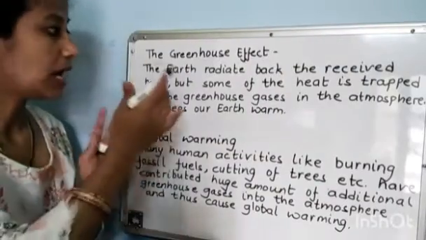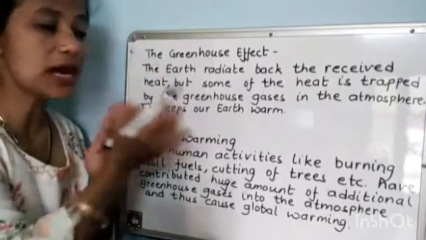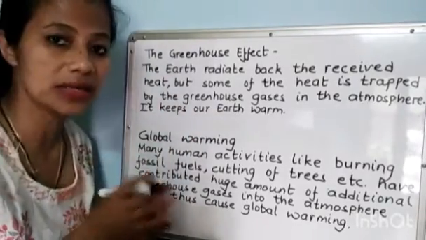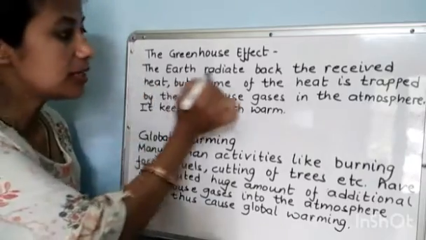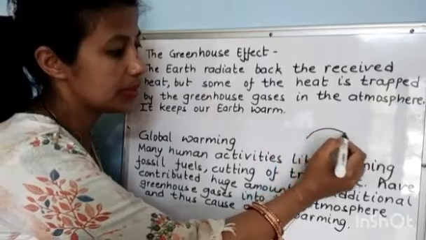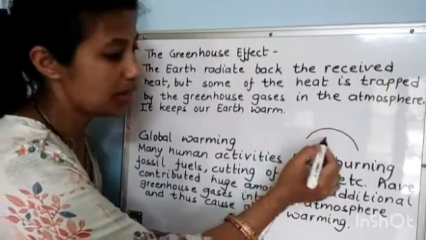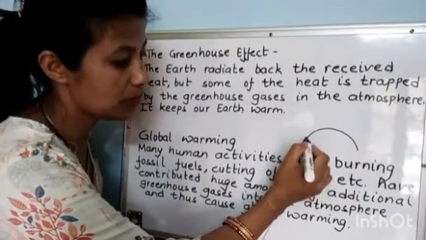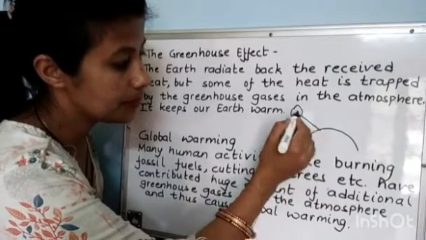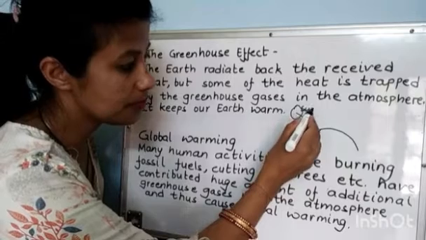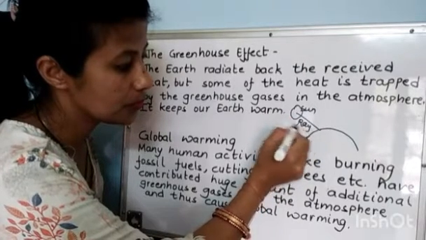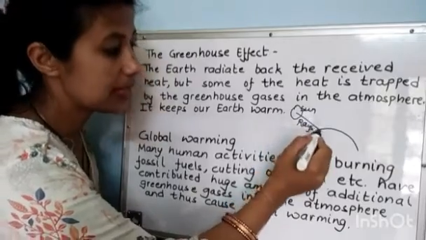Let's revise. How does the greenhouse effect work on our earth? This is our earth; I am drawing only half of it. Here is the sun and these are the sun rays.